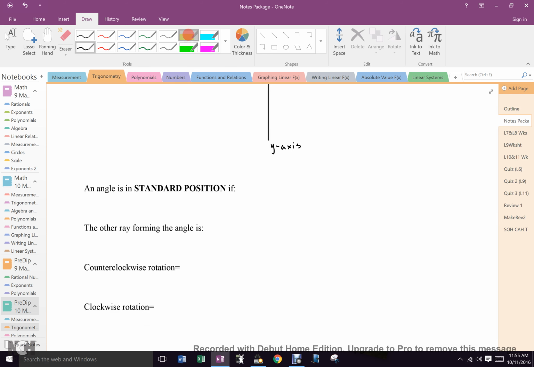An angle is in standard position. Please highlight it, underline it, do whatever you need to do.